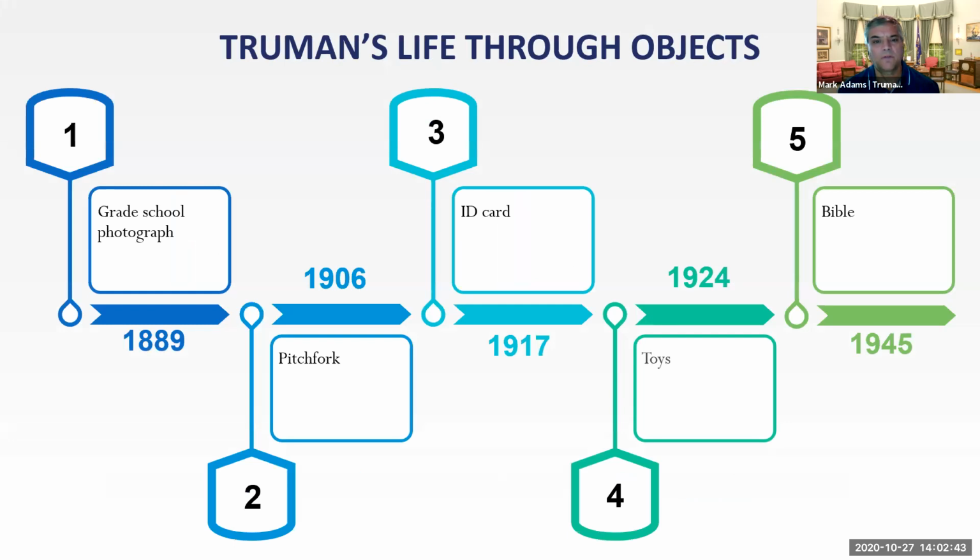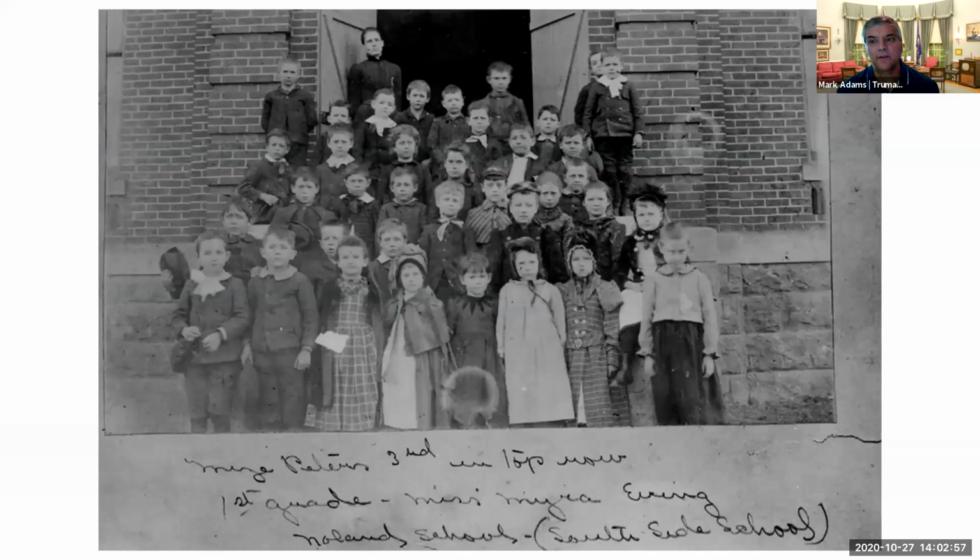We're going to be looking at a variety of objects in the early part of Truman's life before he becomes president in 1945, and you can see the timeline there. Then we will look at the second half of the timeline a little bit later on, to look at some objects from his presidency. But we're going way back in time here.